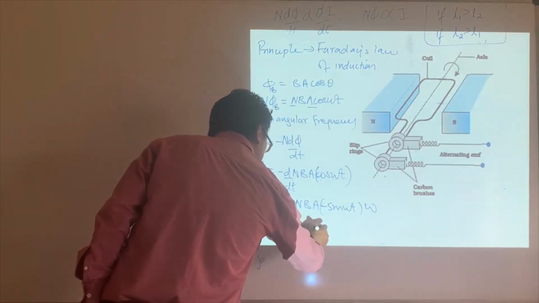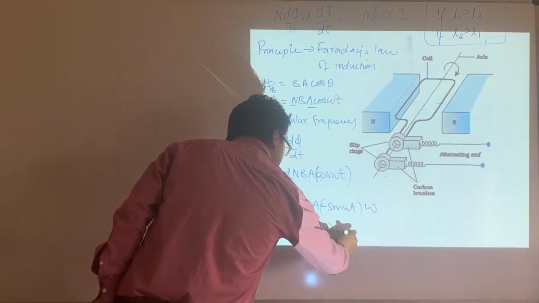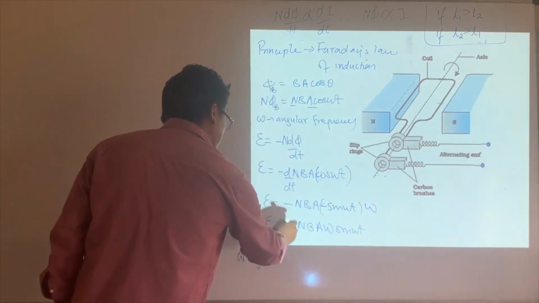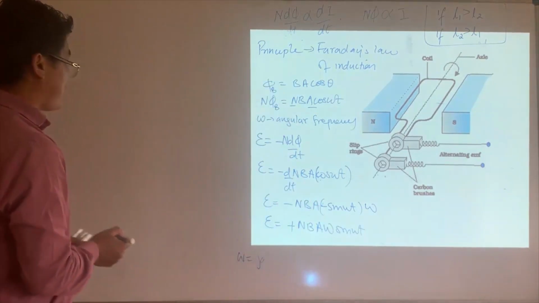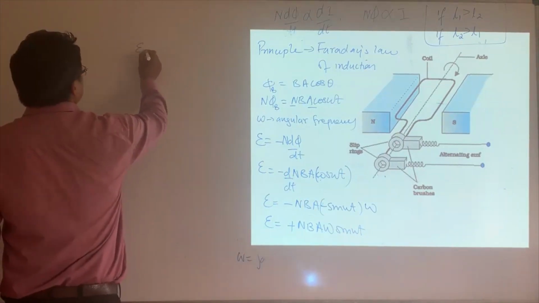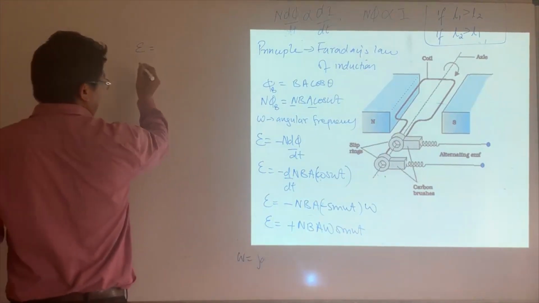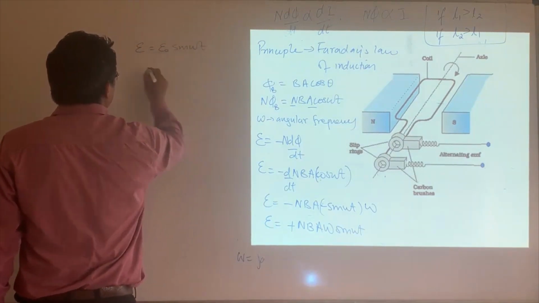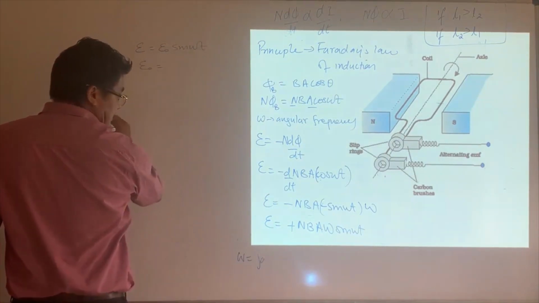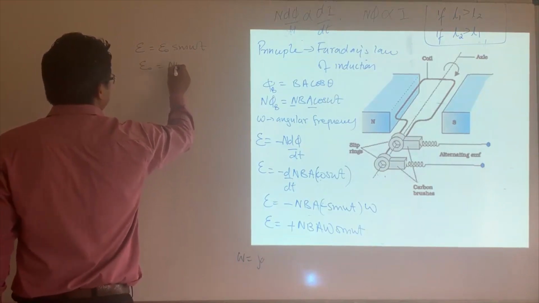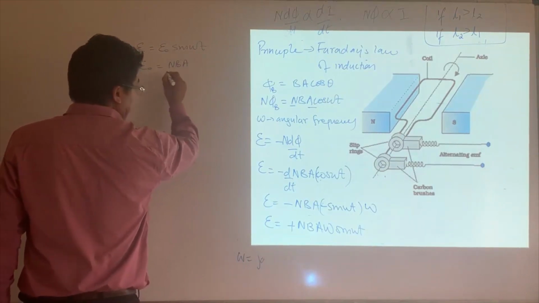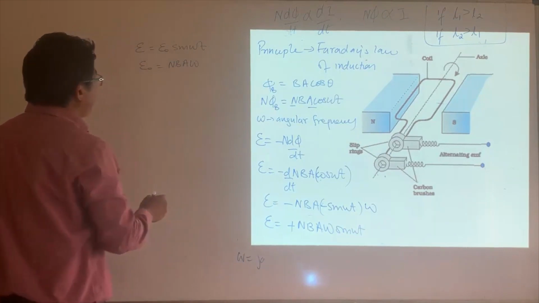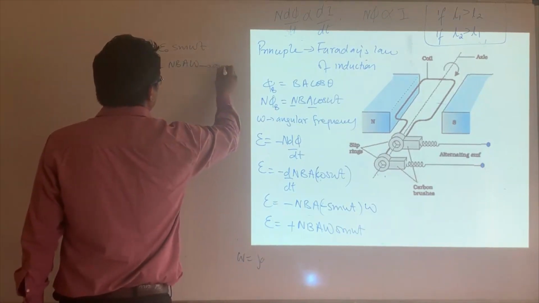This is equal to NBA omega sine omega t. This is the EMF produced, and this part is the amplitude of EMF.